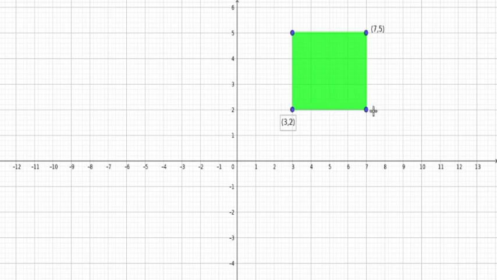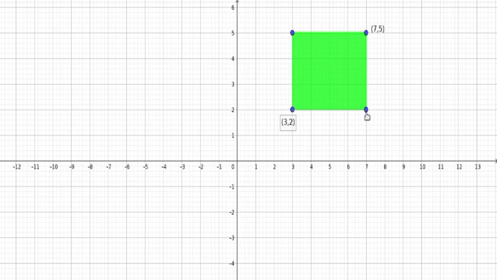Then we know that if a line is parallel to the x-axis, the y coordinates are the same for all the points on that line. Then what about the y coordinate of this point? The y coordinate of this point is also equal to 2, because here the y coordinate is 2. Then all the points have the same y coordinate 2.